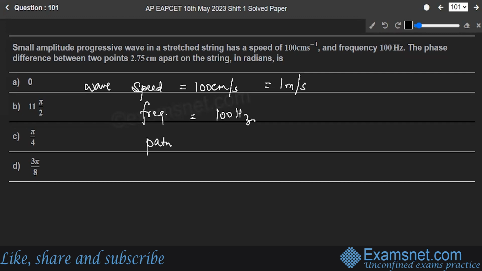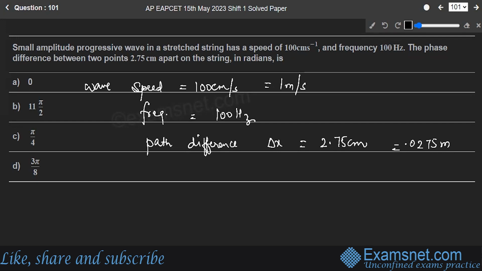And then you have the path difference as 2.75 centimeters. If I'm converting into meters, this will be equal to 0.275 meters.